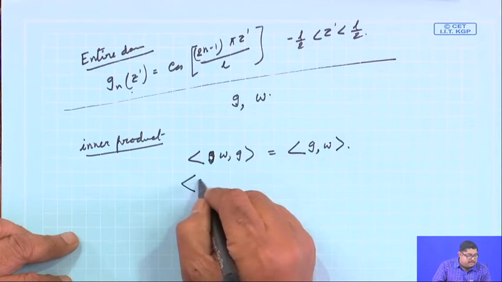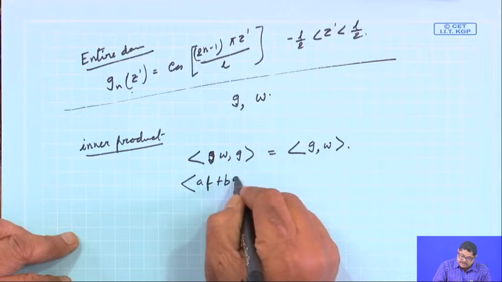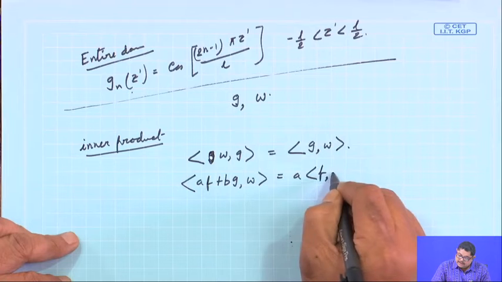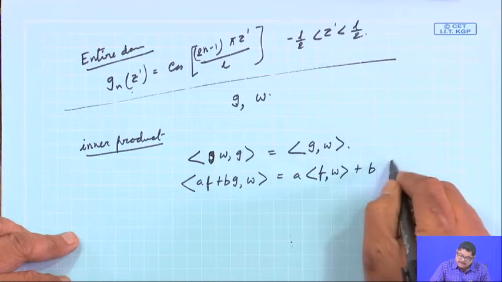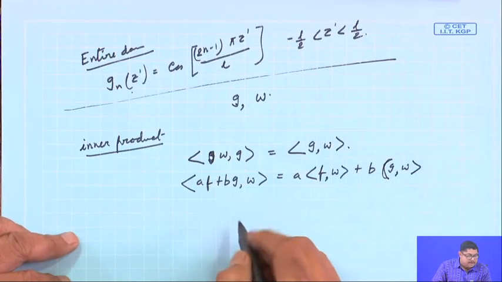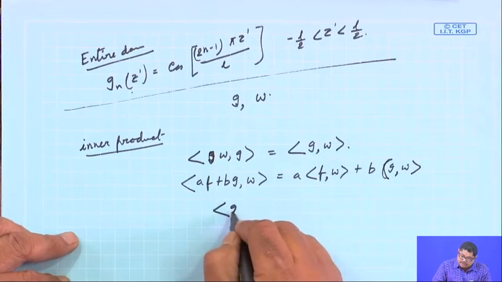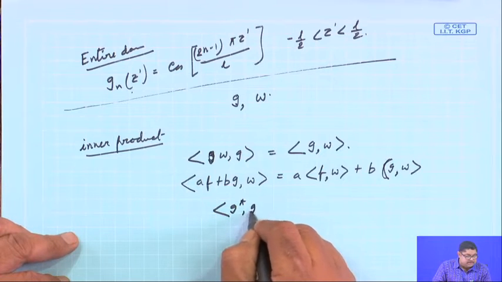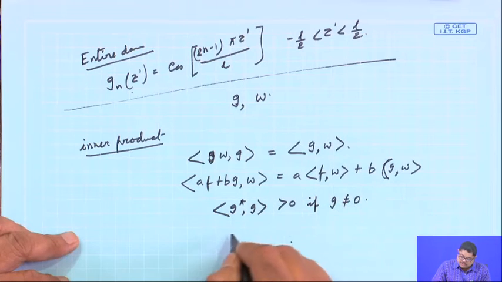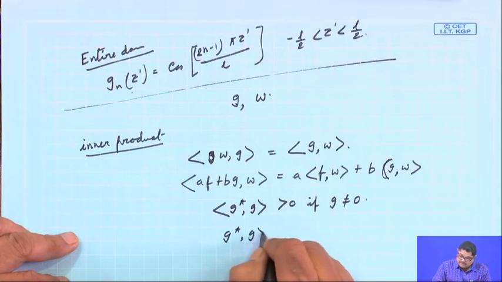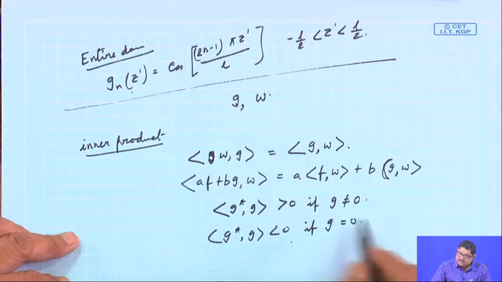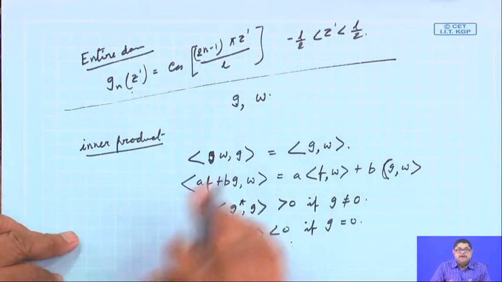Then there is linearity: <a f + b g, w> equals a <f, w> plus b <g, w>. The others are for complex conjugation: <g, g> is greater than 0 if g is not equal to 0, and equal to 0 if g is equal to 0.